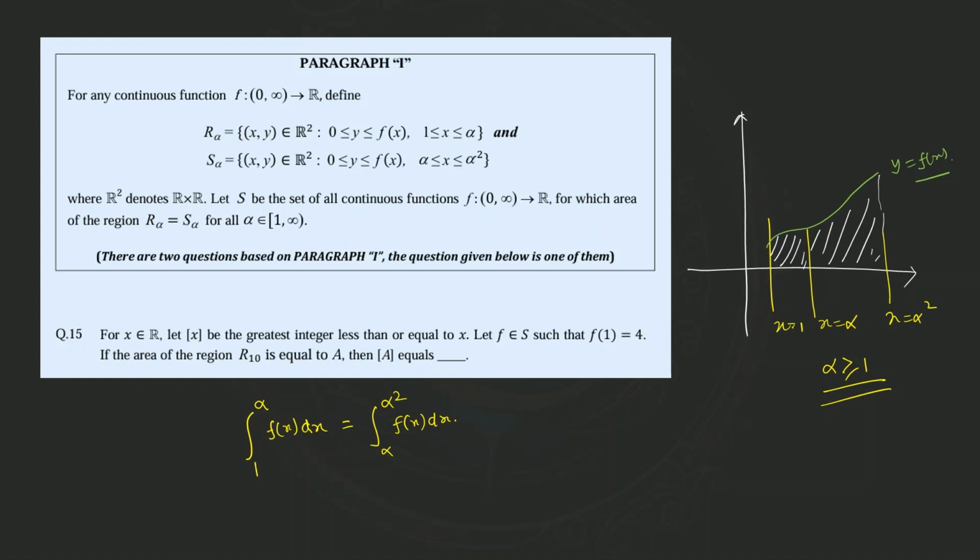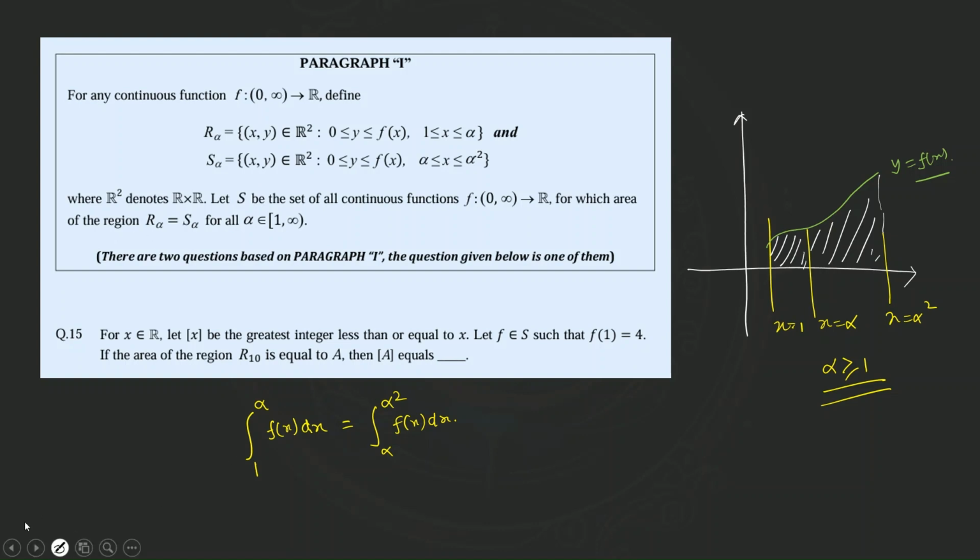Here alpha is the variable, x is not, because the left side is a function of alpha, and the right hand side is also a function of the variable alpha. That means we can differentiate both sides with respect to alpha, as this is an identity for this function f. It is told in the question statement that S is the set of all continuous functions for which this is equal to this for all alpha.